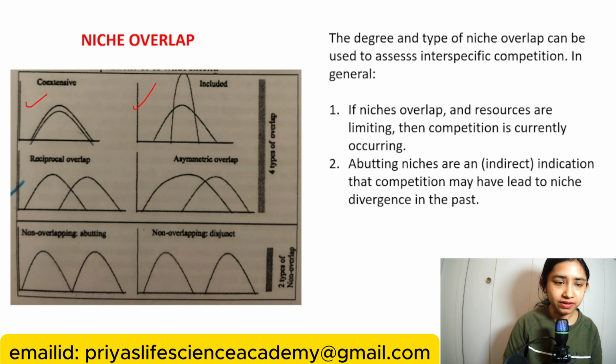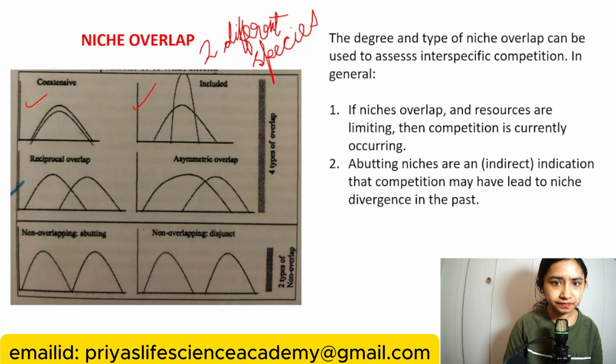So I am talking here about 2 different species. The competition is between 2 different species. Now reciprocal overlap is where the 2 species share some of their niches, but also have their exclusive niche.